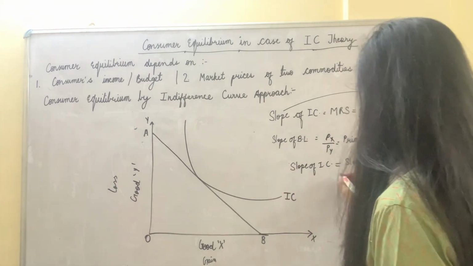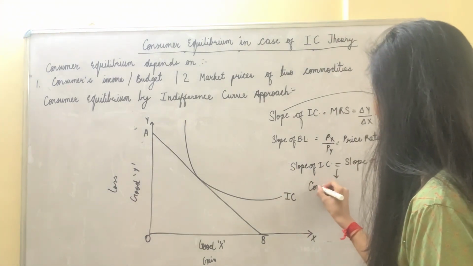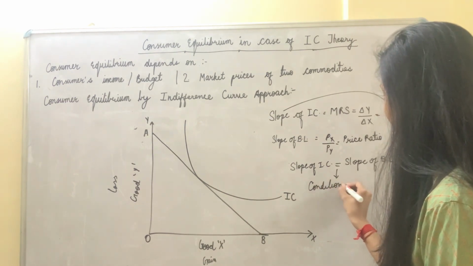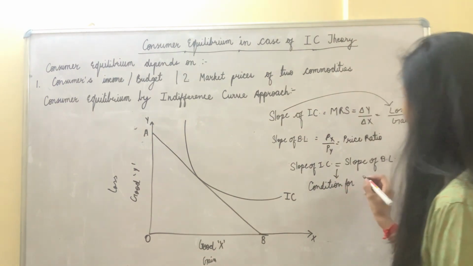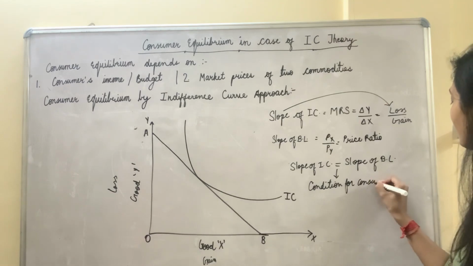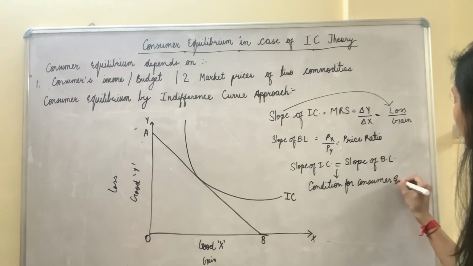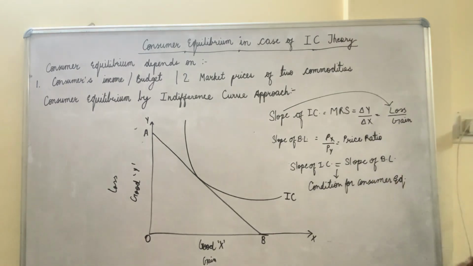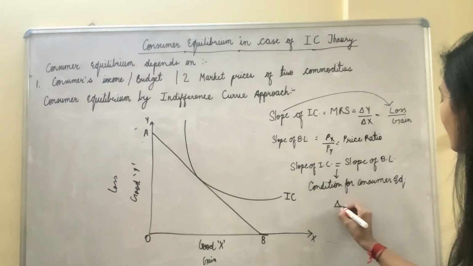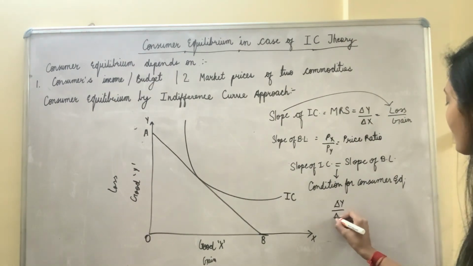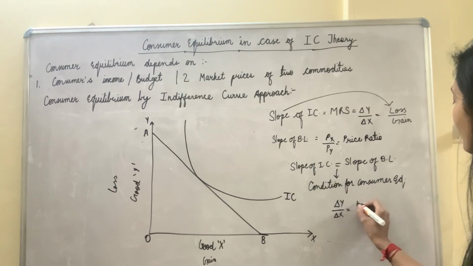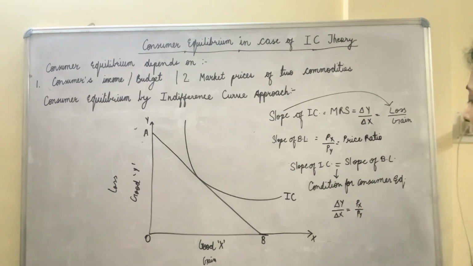This is the condition for consumer equilibrium. So we can say that change in y upon change in x should be equal to price ratio, that is Px upon Py.